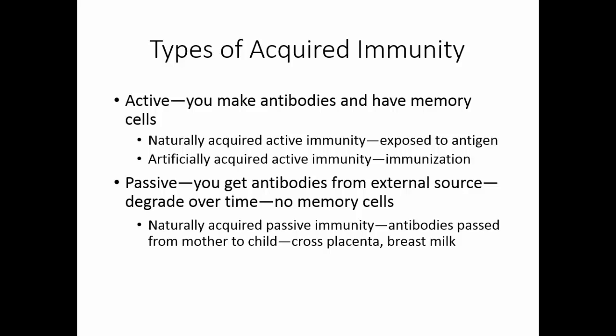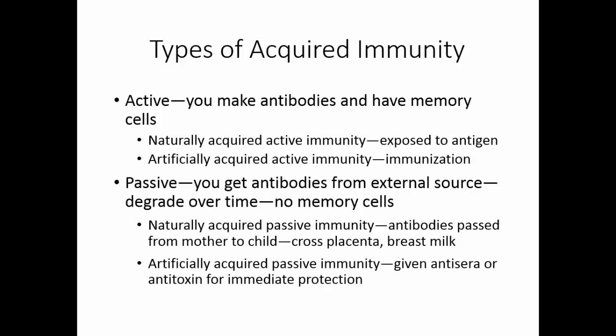Also, if the child breastfeeds, IgA antibodies can be transmitted from mother to child in breast milk. Artificially acquired passive immunity is when you are given some sort of anti-sera or antitoxin. It gives you immediate protection, but it does go away, and should you encounter that particular antigen again, you would have to have anti-sera or antitoxin again.